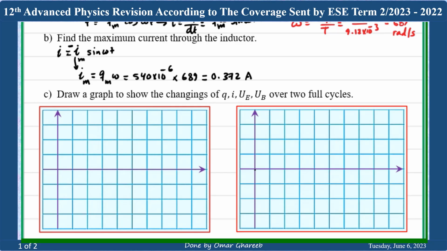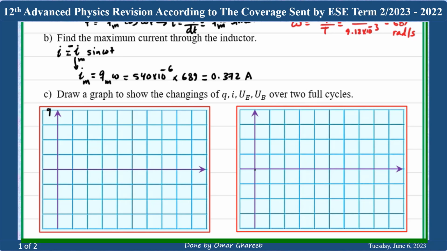C. Draw graphs to show the changes of Q, I, UE and UB for 2 full cycles. I need to draw 2 full cycles. We will start with the charge function.